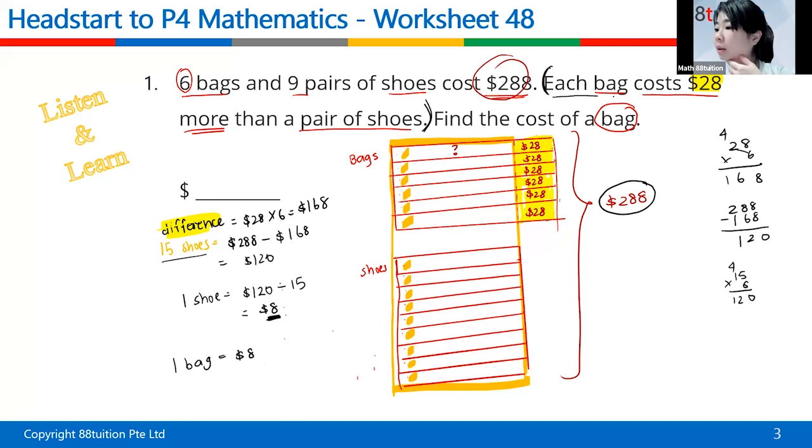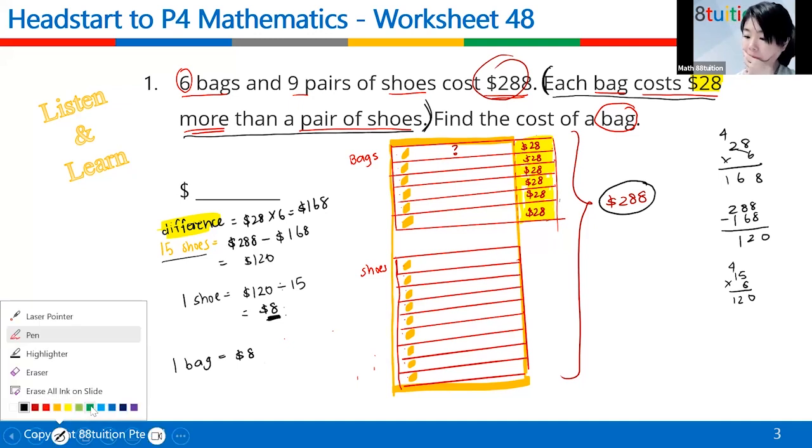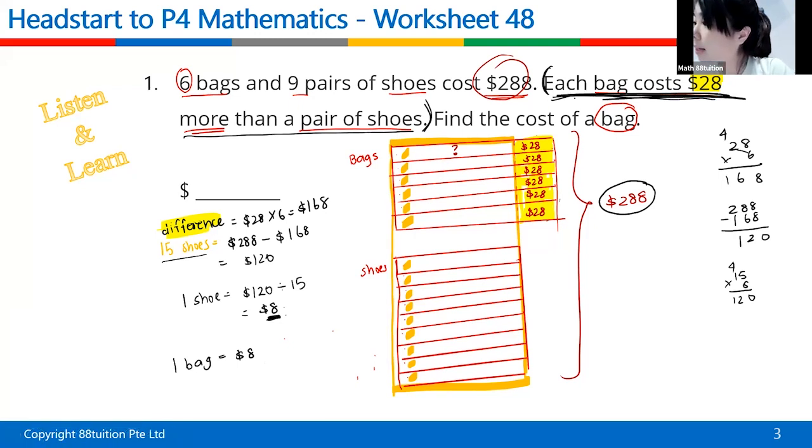I'm saying the information is here. So how do I find the cost of the bag? I'm waiting for you. It's not easy, it's not difficult. What do I do with $8? Can you tell the class? Read here, the information is here.